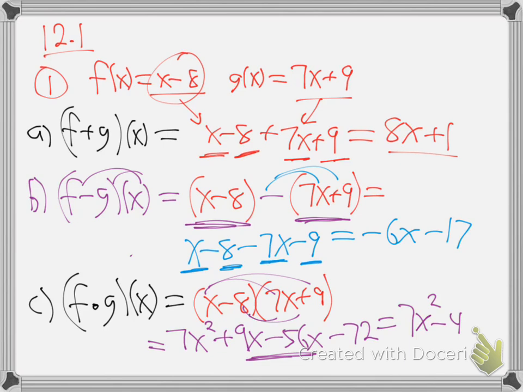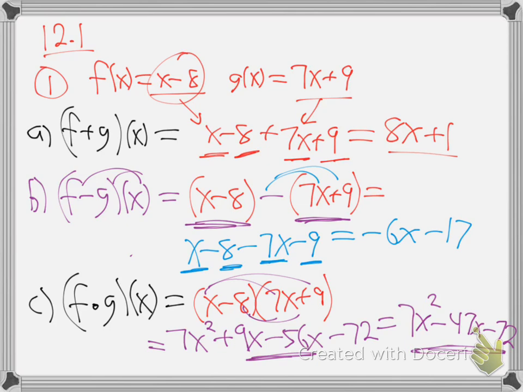Minus 47x, is that right? Just use the calculator. Minus 72, done. Is that okay? Can you read that, with my little handwriting there? So just multiply.